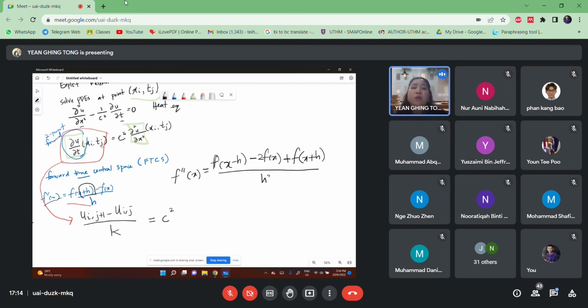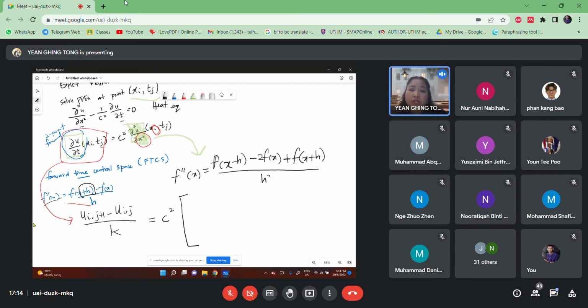Now I will adopt this formula, only here it is with respect to x, so what changes is i. I now write it in the finite difference form.